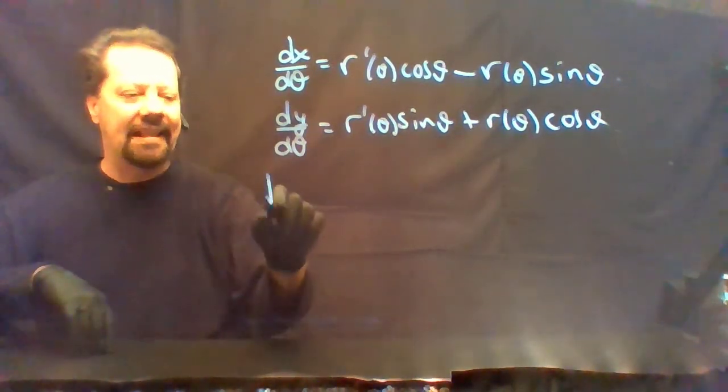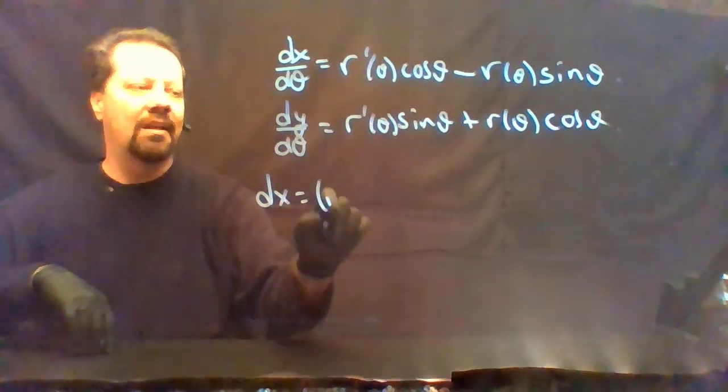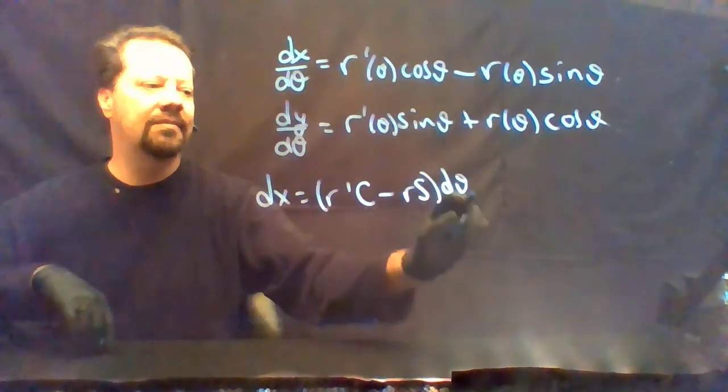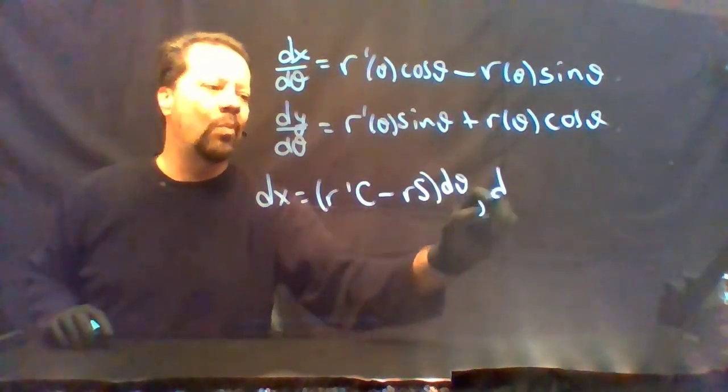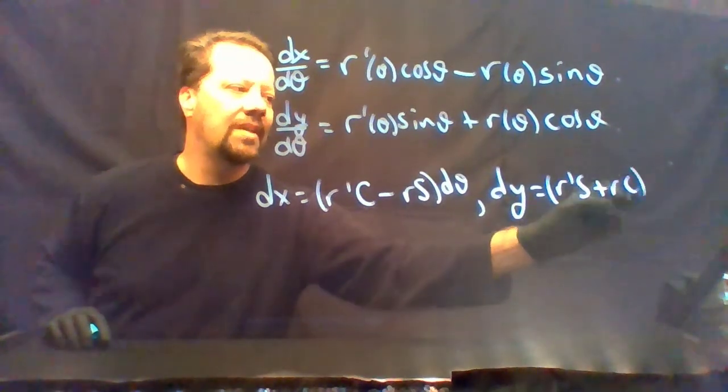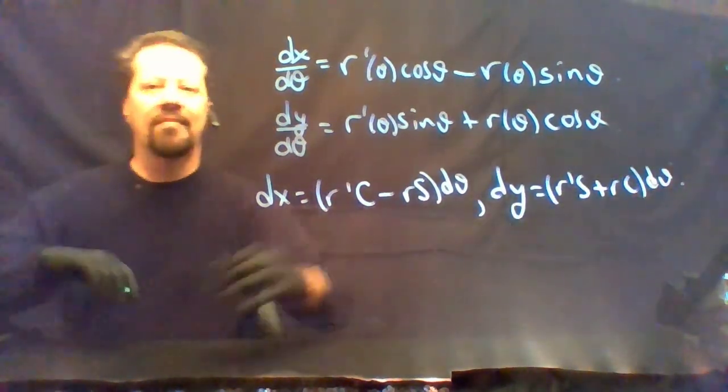It follows immediately then that dx is going to be r prime cosine minus r sine times d theta, and dy is r prime sine plus r cosine times d theta.